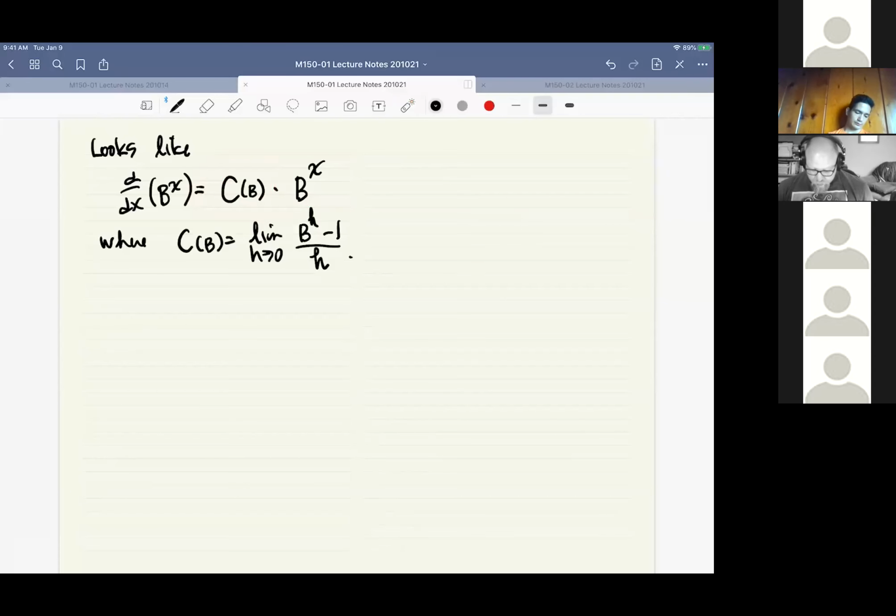So let's consider b equals 2. I'm going to make a table with a row of h values, and then a row of the values for this, 1 over h times 2 to the h minus 1.